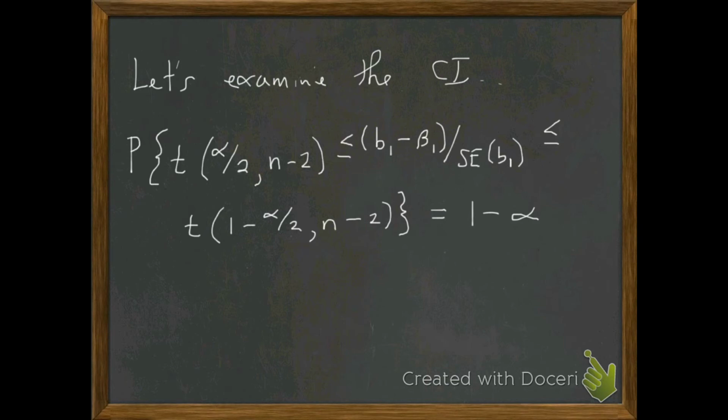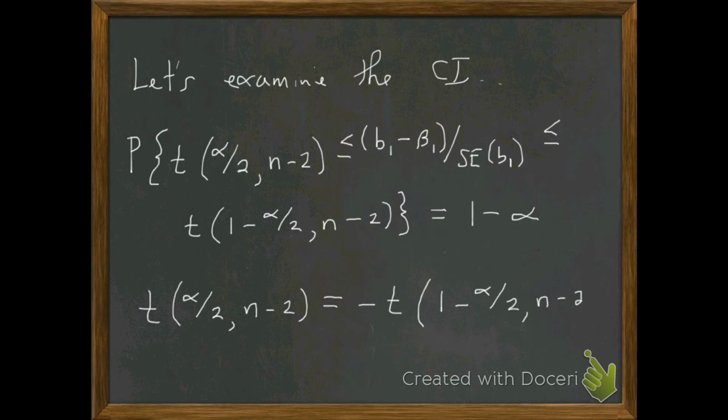But I first want you to recognize that this first part, t of alpha over 2, degrees of freedom n minus 2, will be precisely our negative t of 1 minus alpha over 2, n minus 2.